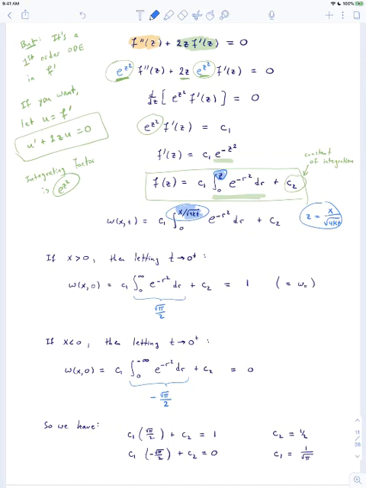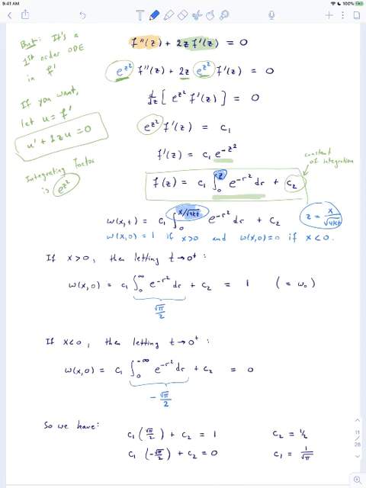So we know that w at x comma 0 is equal to 1 if x is greater than 0, and w at x comma 0 is equal to 0 if x is negative. So we're going to use that fact. So let's look at the case where x is positive.